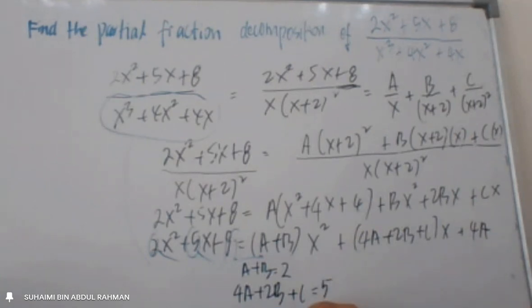And A equal to 8. Then we get all the values of A, B, and C using simultaneous equations.